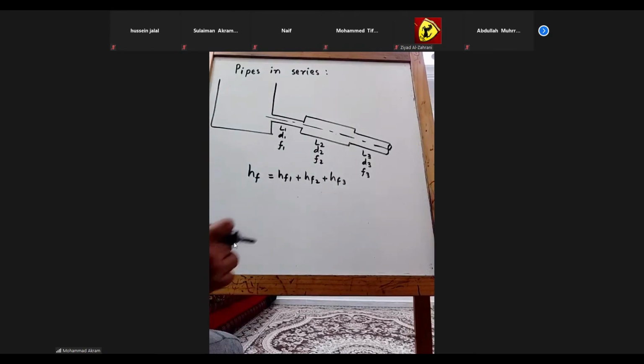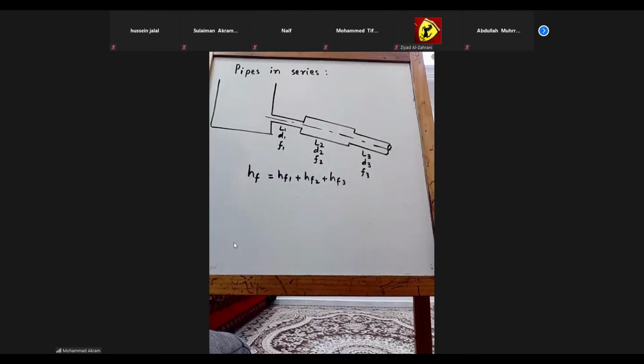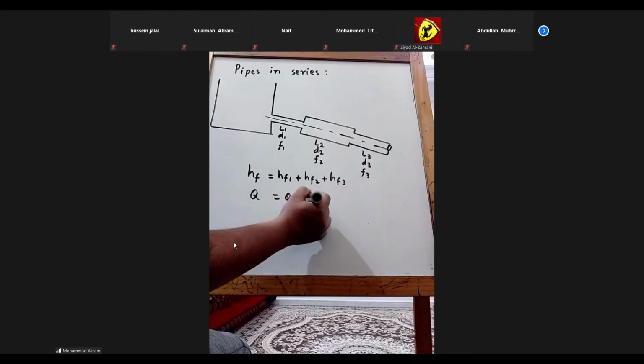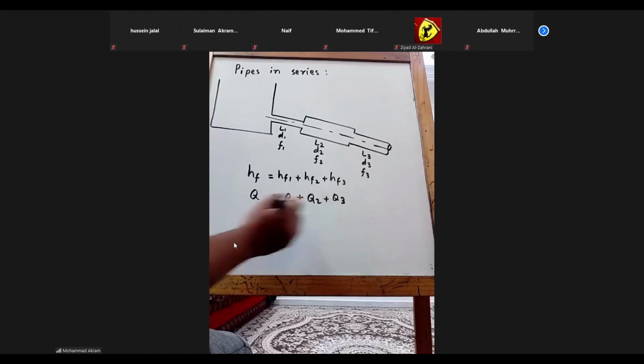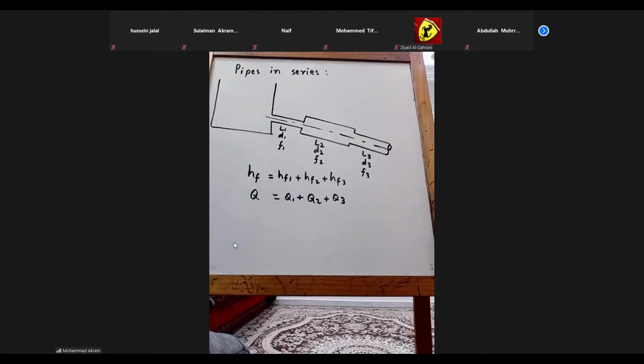Okay. So the loss is coming the same, right? How about discharge? Will it be like this, that Q is equal to Q1 plus Q2 plus Q3? Is this correct, that total discharge is equal to discharge from 1, 2, and 3? No, doctor. Why?